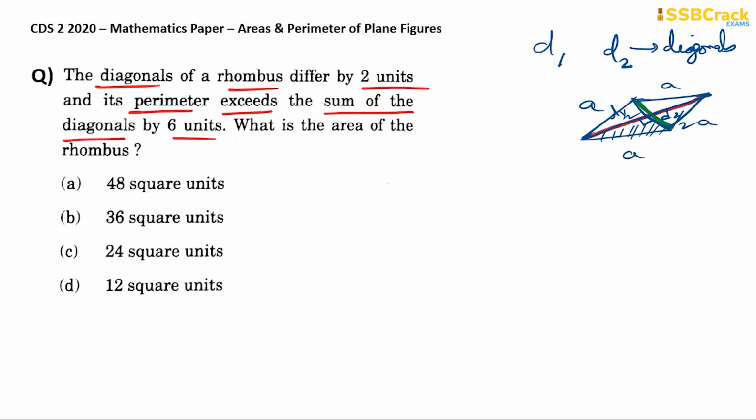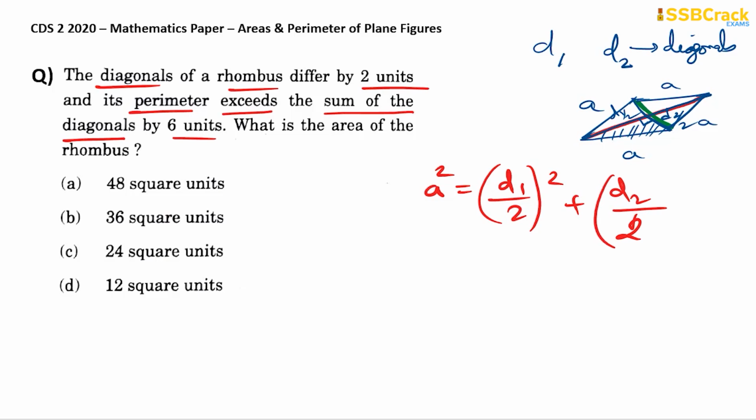So from this particular figure, what we know is that A square equals D1 by 2 the bracket square plus D2 by 2 the bracket square, because there is a right triangle, so Pythagoras theorem is followed there. So A square equals D1 square by 4 plus D2 square by 4.